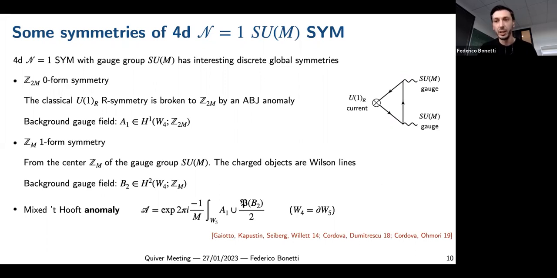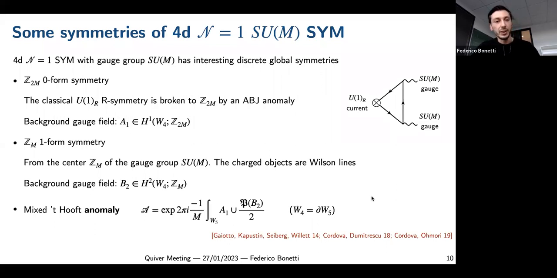It's a cubic coupling of the form A B B, or more precisely, Pontryagin square of B, but we can think of this as B squared. And here it's written as an object of degree 5 in an auxiliary spacetime that extends the physical W4 where our super Yang-Mills theory lives.